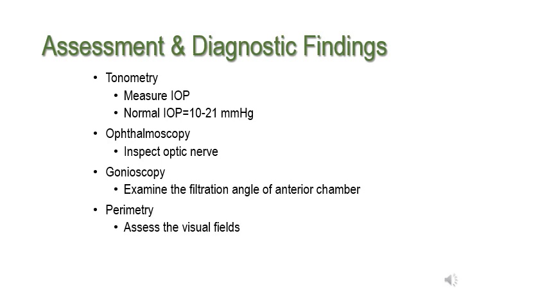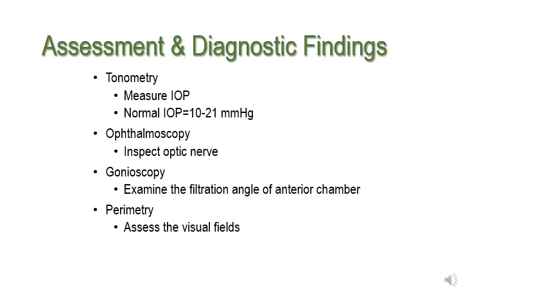Ophthalmoscopy is where we're actually using the ophthalmoscope to inspect the optic nerve. So doctors and optometrists are going to be doing that. They can check for cupping of the optic disc. They can also see more pallor, and they can see the chronic hypoxia to those blood vessels. It is more basin-like as far as the shape.